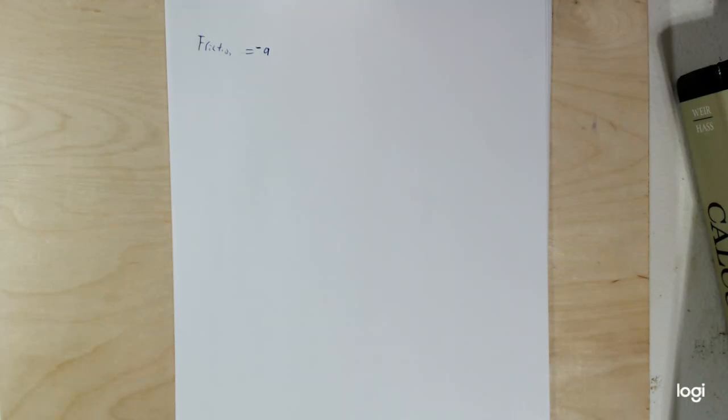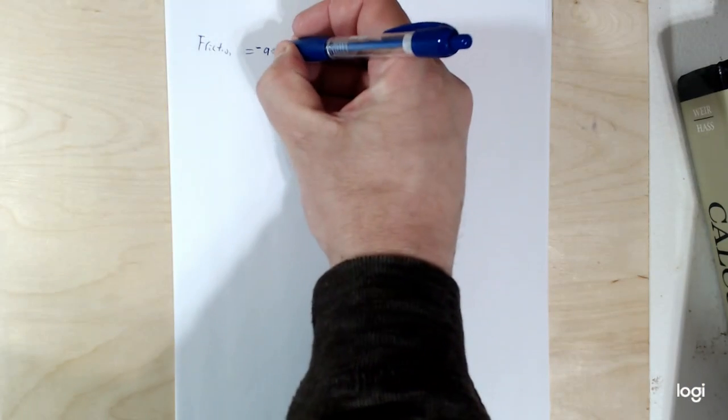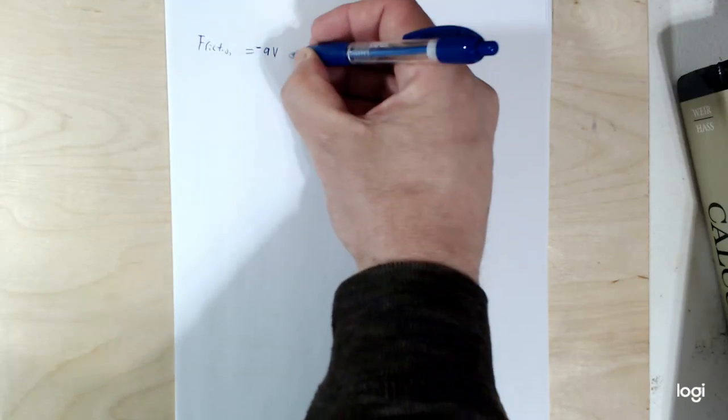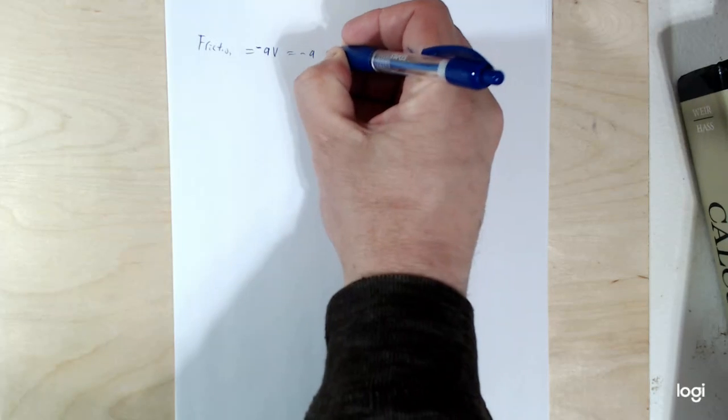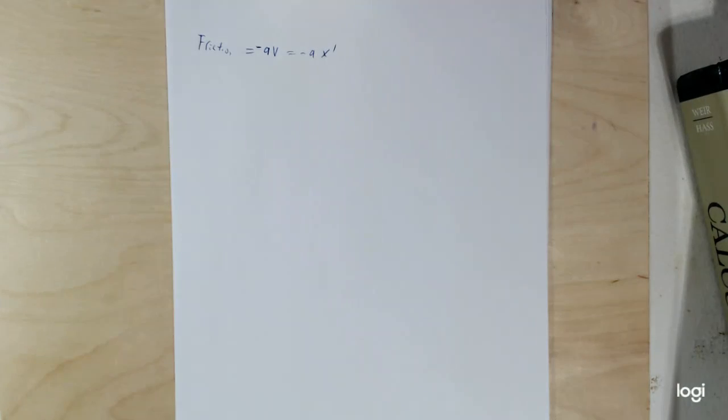So if you're just standing still, there's no friction. However, unless you're in something really thick and viscous like molasses, friction is going to be proportional to your velocity, so minus a x prime. So there's our friction term.